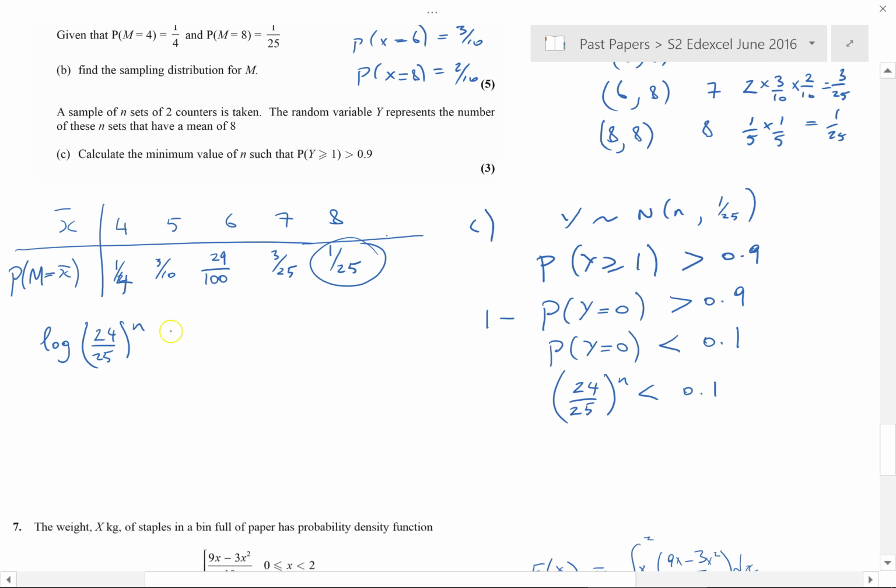They'll probably allow you to use an equal sign, but actually the inequality's got reversed, because effectively what I've done is change to a negative there by doing that. It's got to be greater than log 0.1.